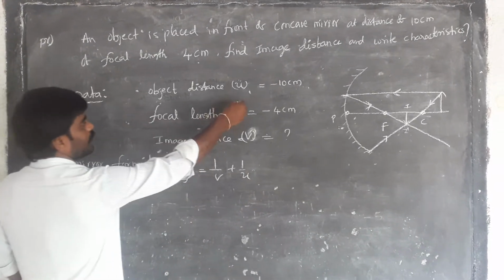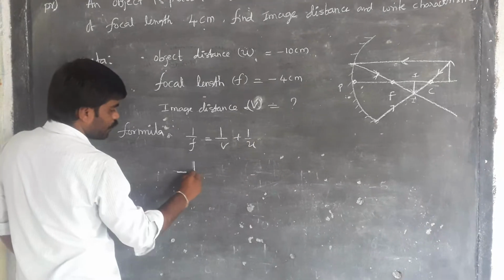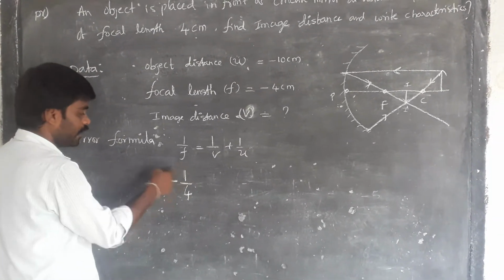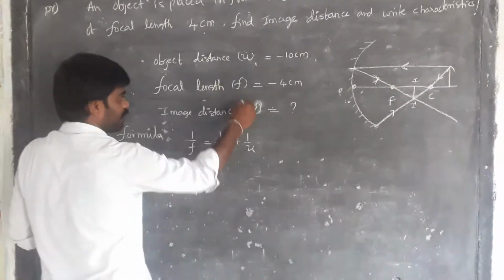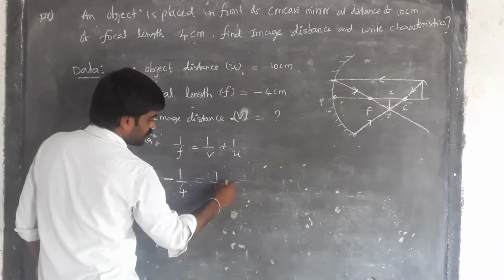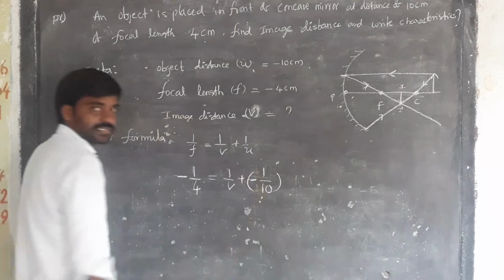Then you should be able to substitute the values. Here f value is 4, means 1 by 4, that having minus sign. Then that is equals, here v value we have to find out. Then u value take it as it is, 1 by 10 minus.